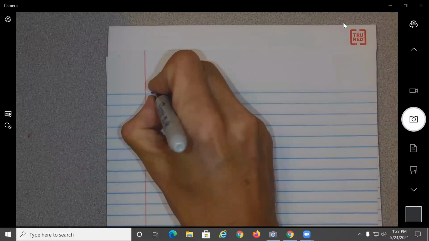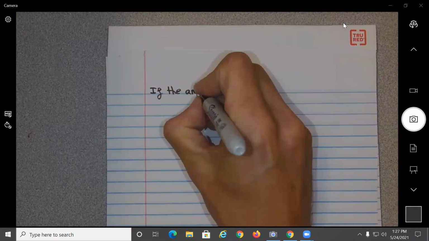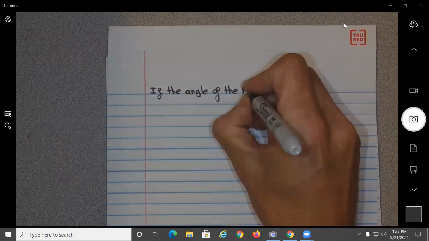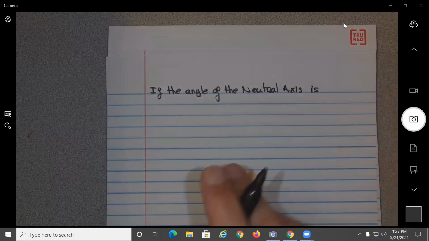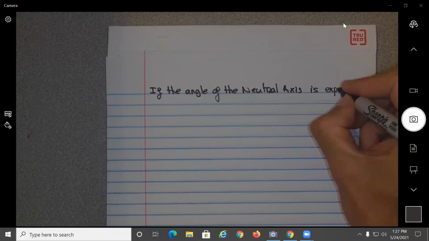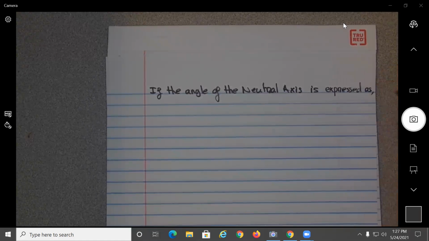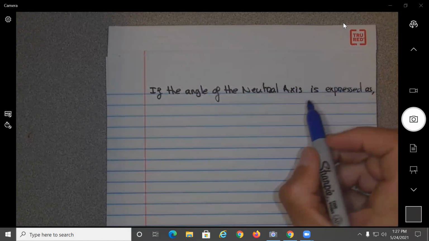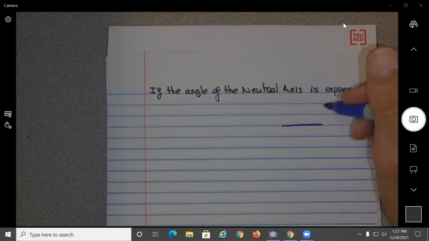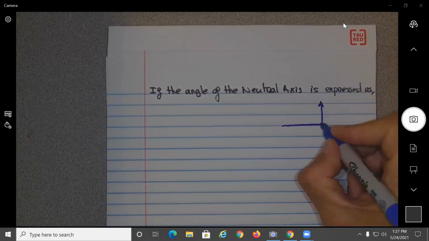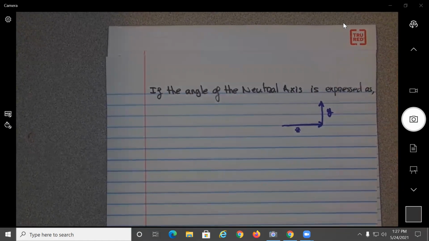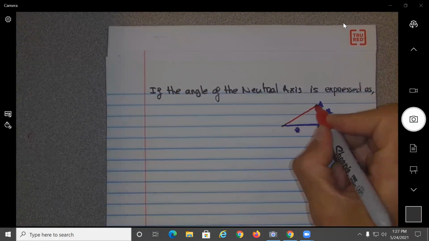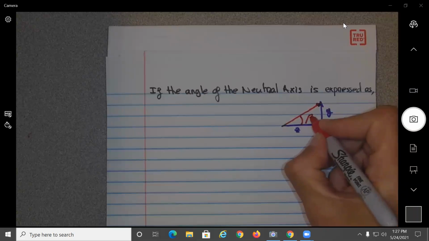We're going to say here, if the angle of the neutral axis is expressed as, basically, what we're going to have is that if you have a structure where, let's say this is Y and this is Z, so the angle between them, let's say, is beta.